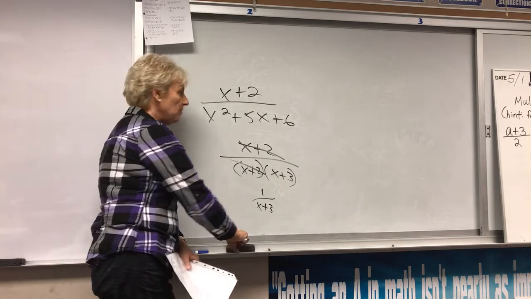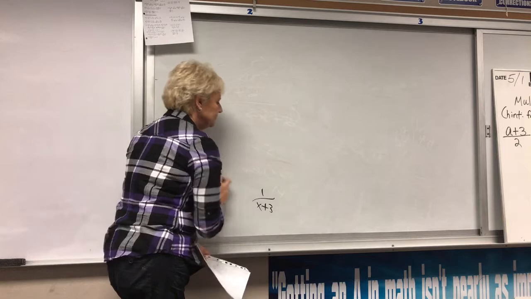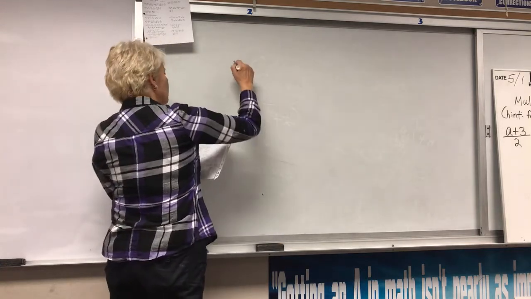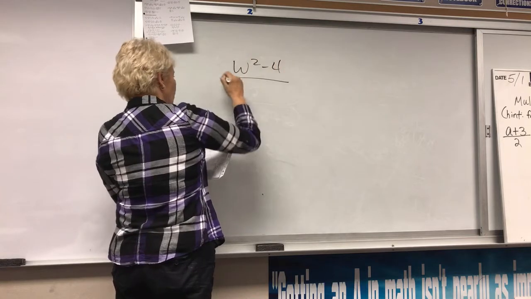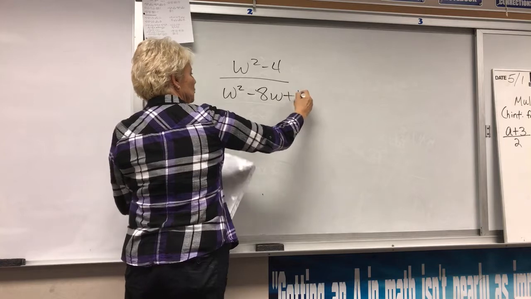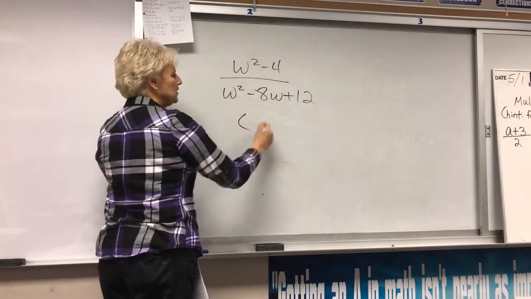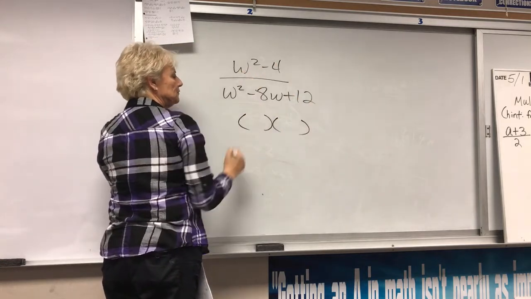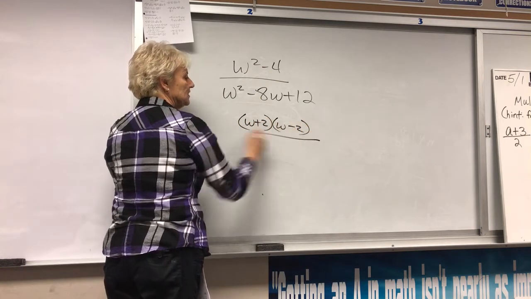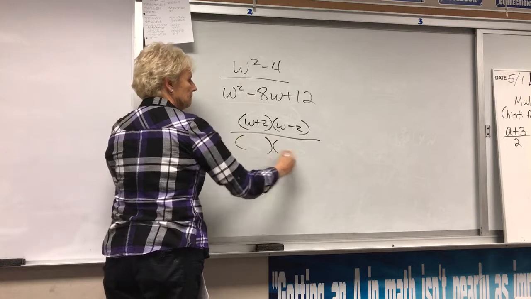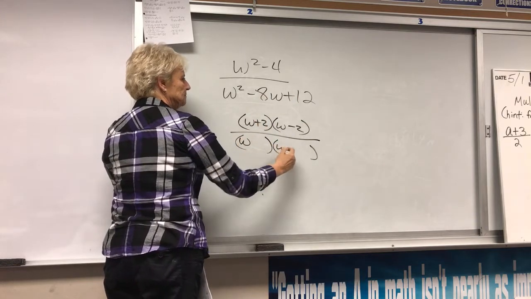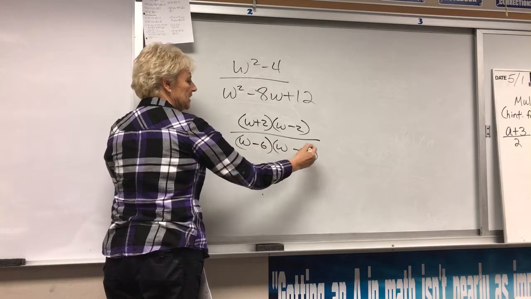Alex? 14. Y squared minus 4 over w squared minus 8w plus 12. Both can be factored. Here we have the difference of two perfect squares. One's plus, one's minus. Here, we need factors of 12 that give me negative 8: negative 6, negative 2.